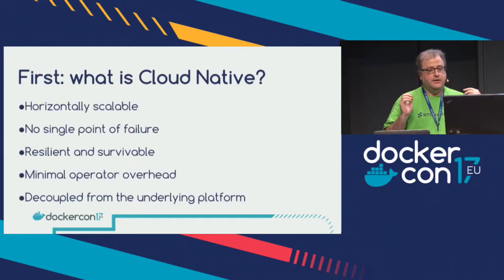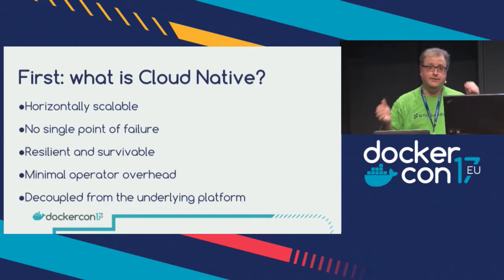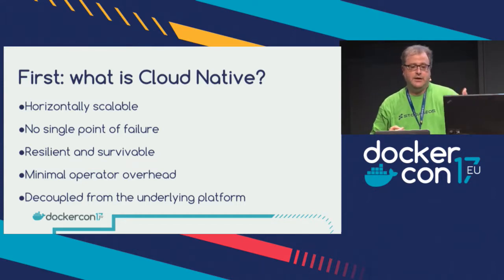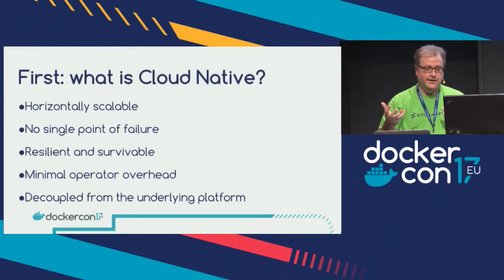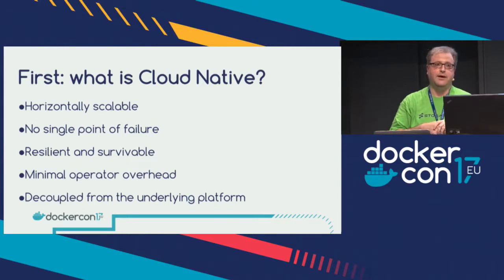Cloud-native is defined by the container and Docker environment and the orchestration. Something that's horizontally scalable, with no single points of failure, which means it's resilient and survivable across software or hardware failures. Obviously, you want this environment to be composable and declarative, so you minimize overhead by automation.